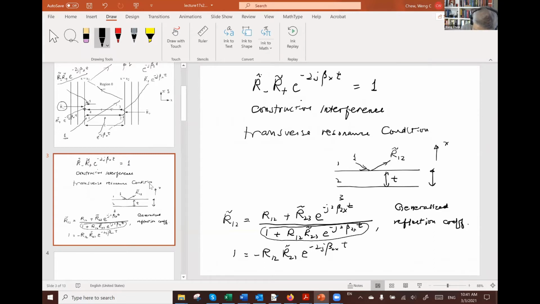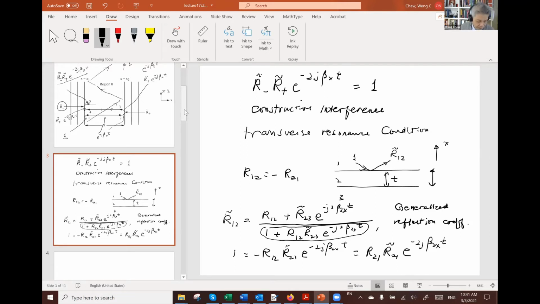But R12 is equal to minus R21, if you look at the Fresnel reflection coefficient. So because of that, I can also write the right-hand side as R21 R21 tilde e to the minus 2j beta 2 xt. So you can see an inkling of the transverse resonance condition just by studying the denominator of this generalized reflection coefficient. But you can also derive this transverse resonance condition by a physical argument.